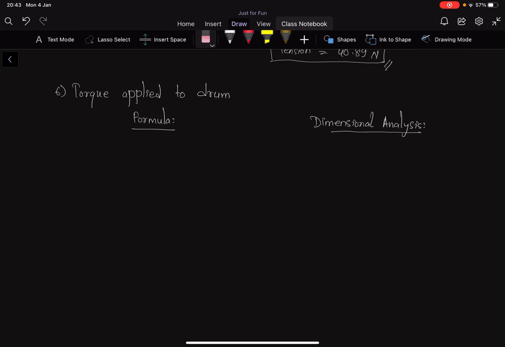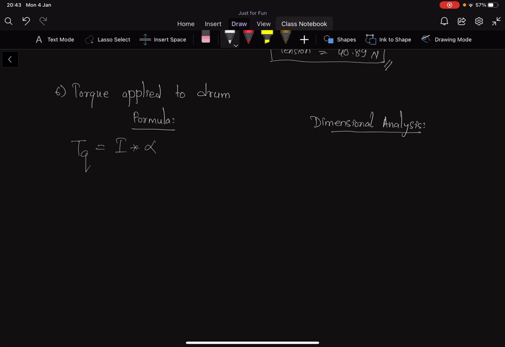So for the torque, the formula we are going to use is, I'm going to write TQ for my torque. So my TQ equals my inertia times angular acceleration.